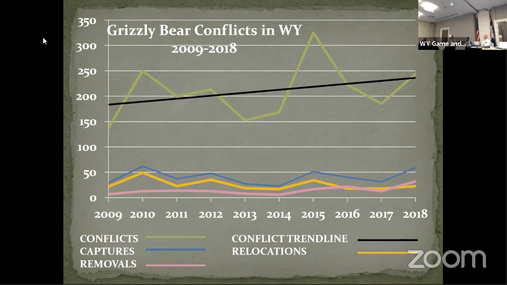The juxtaposition of that line across time is pretty equivalent to what we see with grizzly bear conflicts. And that black line is just the trend line of grizzly bear conflicts here over the past 10 years anyway, to kind of see that increasing trend that we're observing.